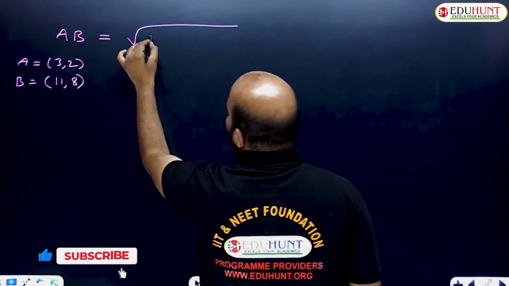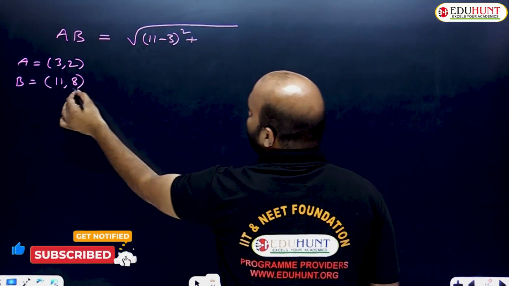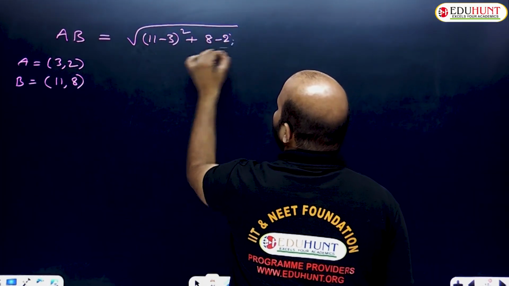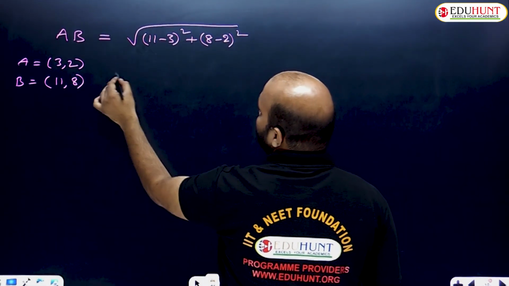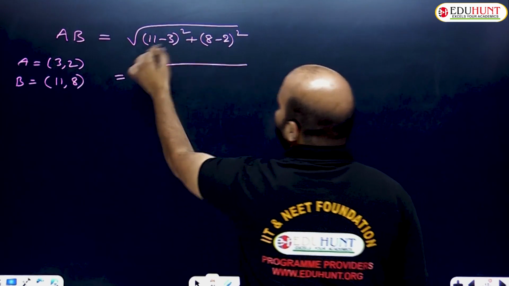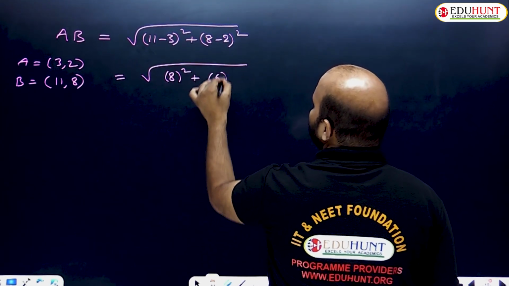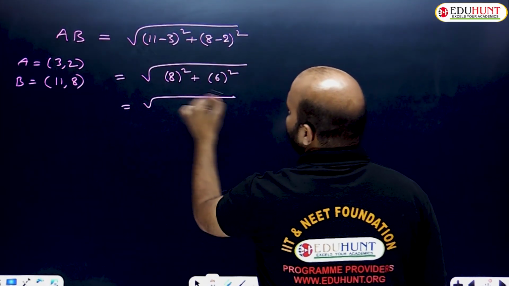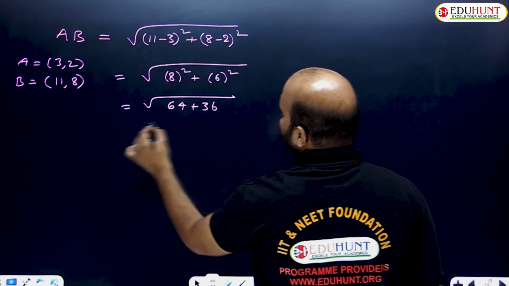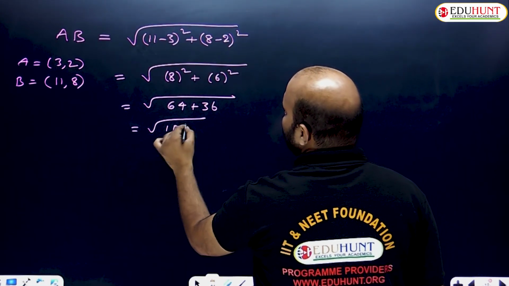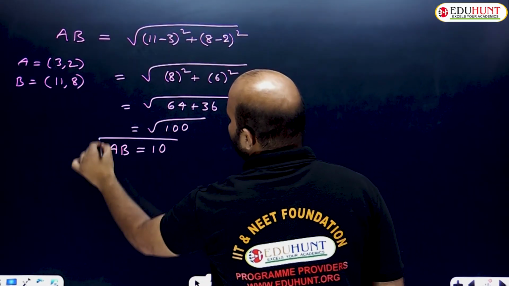Here x2 is 11 minus x1 3 whole square, plus y2 nothing but 8 minus 2 y1 whole square. Square root of 11 minus 3, 8 square, plus 8 minus 2, 6 square. So square root of 8 square value 64, again 6 square value 36. What is the total? 100. What is the square root of 100? 10. So AB distance equals 10.